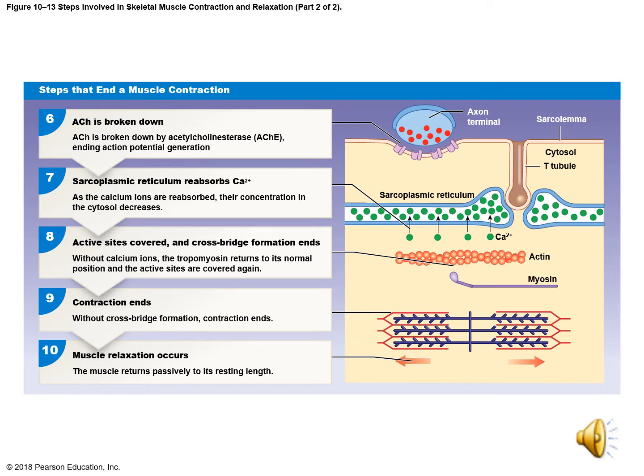The muscle itself, the sarcoplasmic reticulum, has to reabsorb the calcium from the cytosol. That will allow the troponin to move the tropomyosin back over the active sites of the actin, and the contraction will then stop.